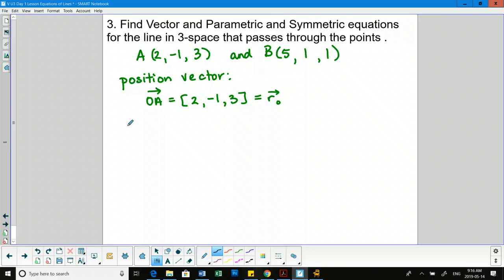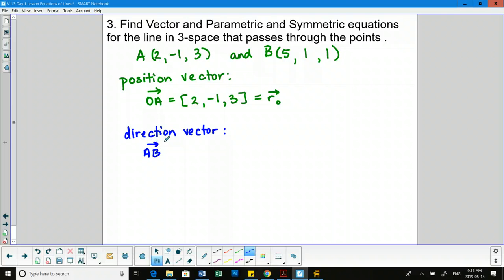Okay, and then I need a direction vector, which is going to be made from 2 points on the line, unless it's given to me. Let's say we found in our graph above the vector AB.